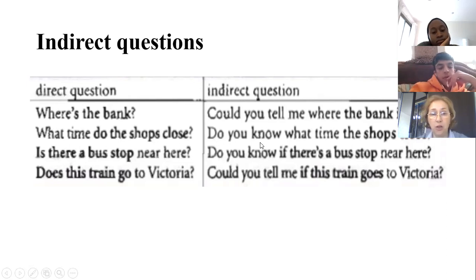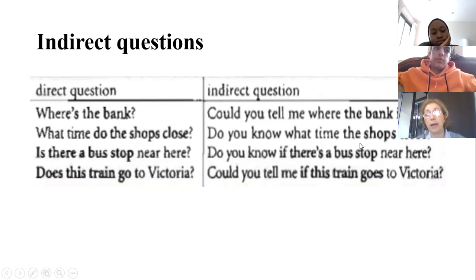When we change it into an indirect question, when we start, do you know, we should change the order of words and we do not use do. Do you know what time the shops close? Because the order of words should be like in an affirmative sentence, like in a statement. What time the shops close? So no do.